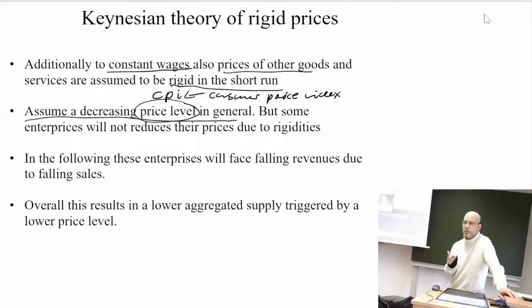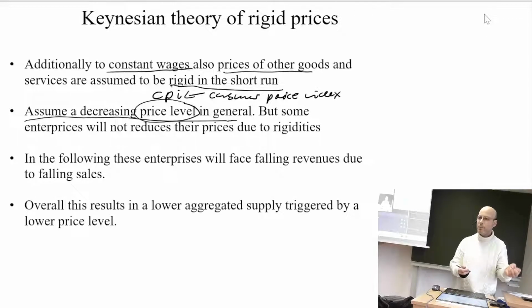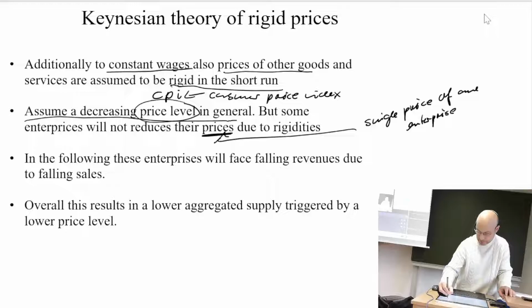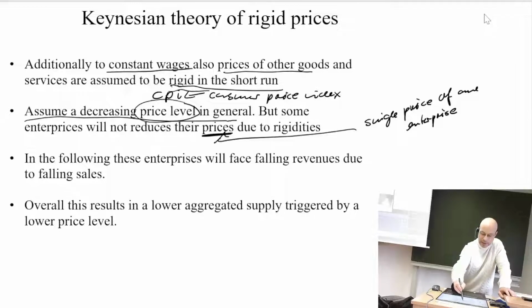But there could be, due to rigidities, some enterprises which do not reduce their own prices of their own goods. So this price here is, of course, different from the price level. So this is the single price of one enterprise. So, and these prices should be rigid, as we have assumed in the short run.